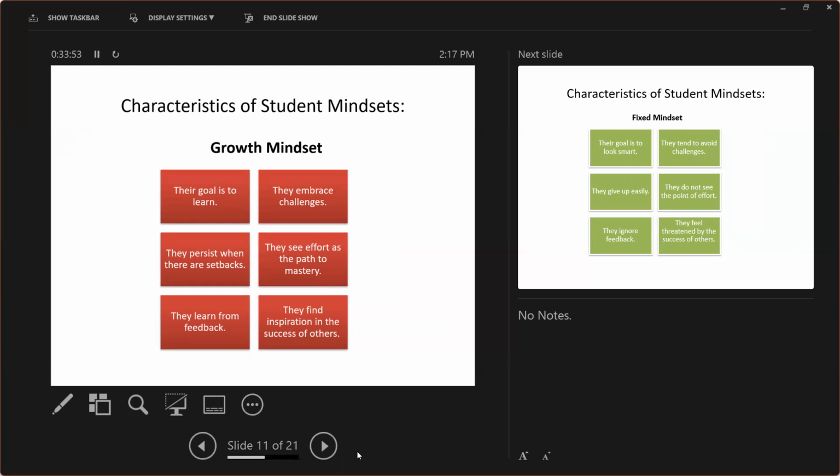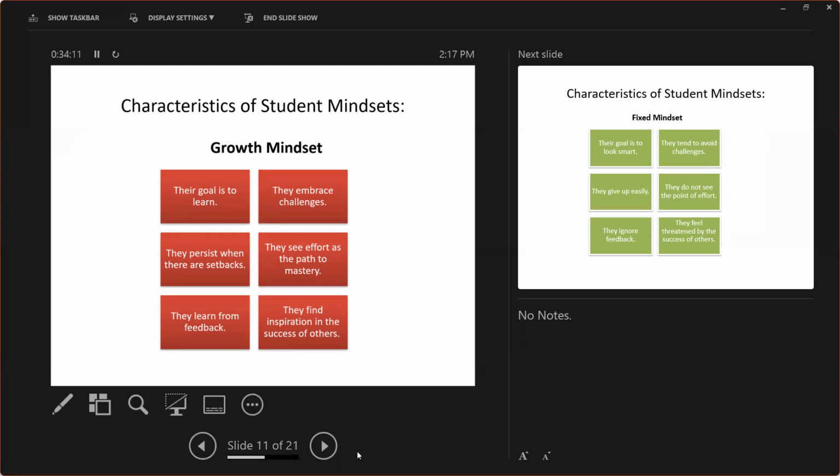And last semester I taught the UNIV 101 course for the first time. And I was excited to be able to connect with first semester freshmen because my experience has always been with graduate students.